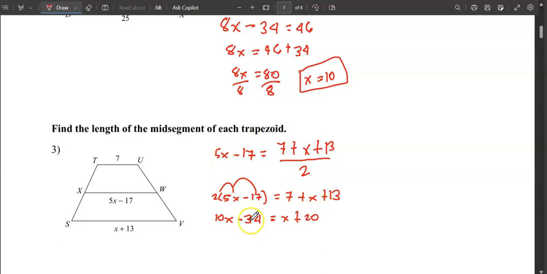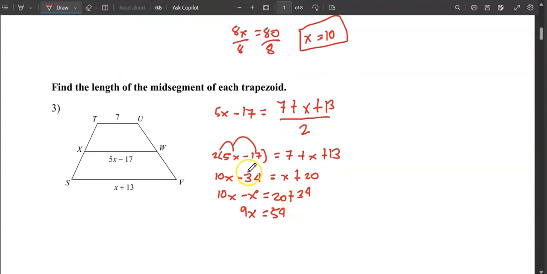And then we'll just combine like terms. So this will become 10x minus x equals 20 plus 34. This is 9x equals 54. Divide everything by 9, x equals 6.